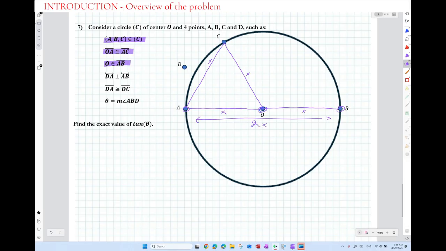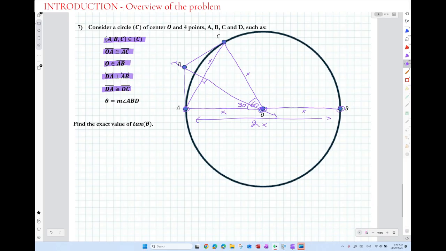Then I'm going to consider the fact that DA is congruent with DC, and that will create a kite here, which means that this, which is 60 degrees, will be bisected by this line OD.